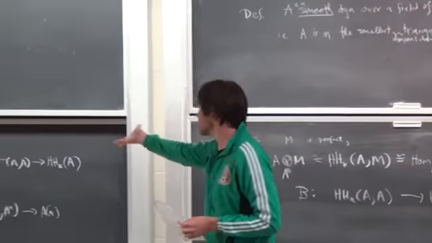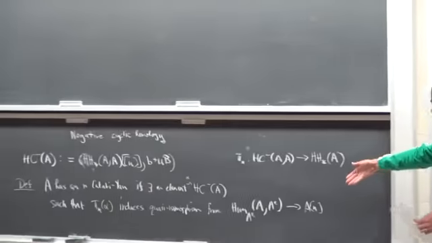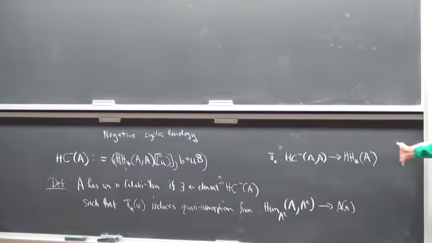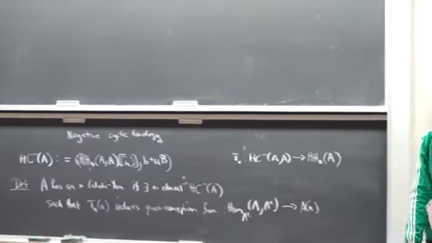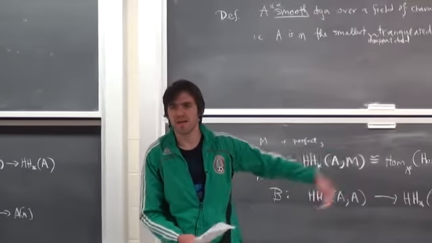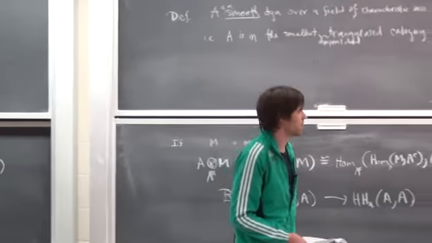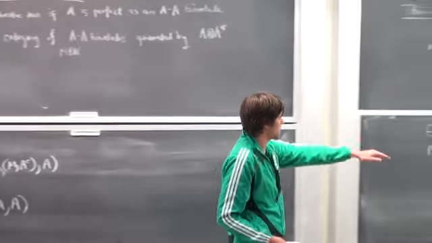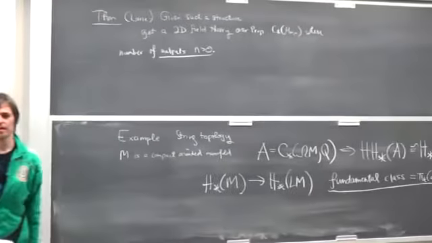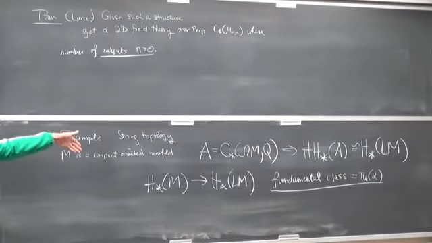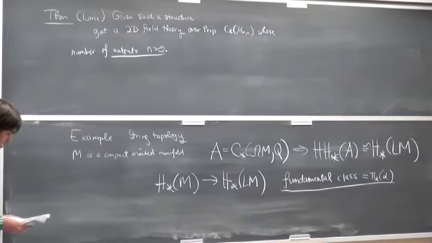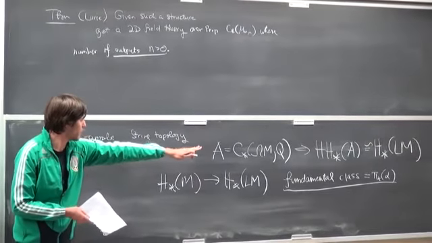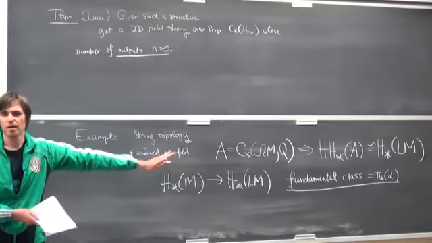Yeah, you can lift this to cyclic homology, but this is the easiest map to describe. I'm just saying what the image is under pi lower star.